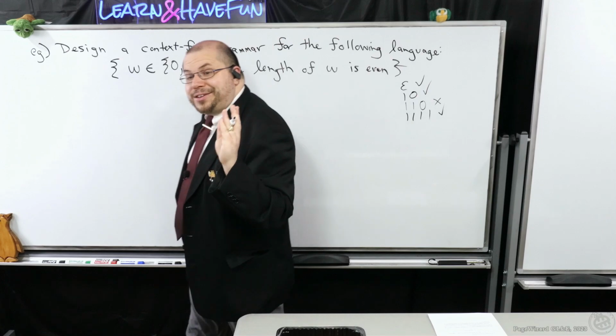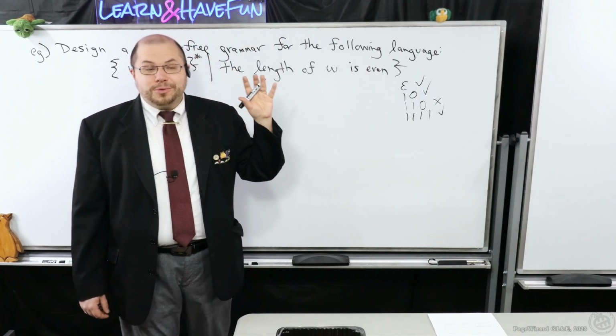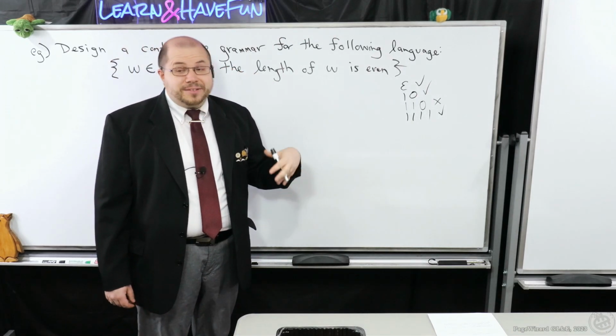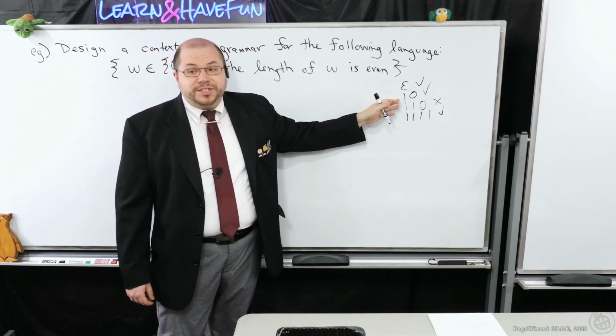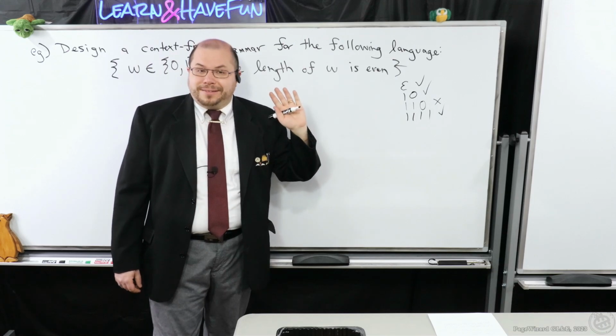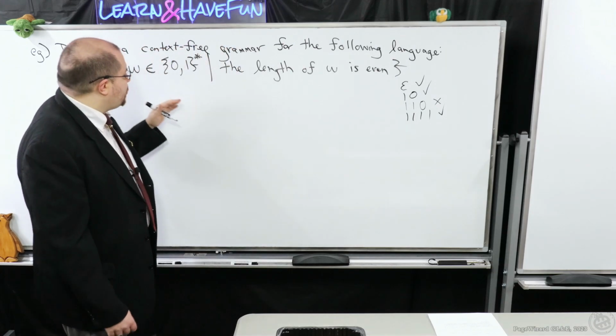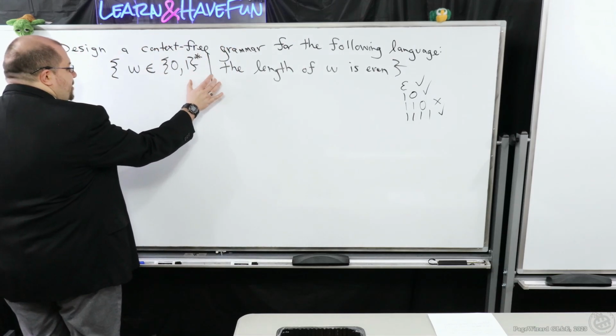The thing you have to keep in mind when designing a grammar for this, or at least one way we could go about it, is that it doesn't really matter if there are zeros or ones. What we care about is the length of the string. That's all it requires to be a string in this language.